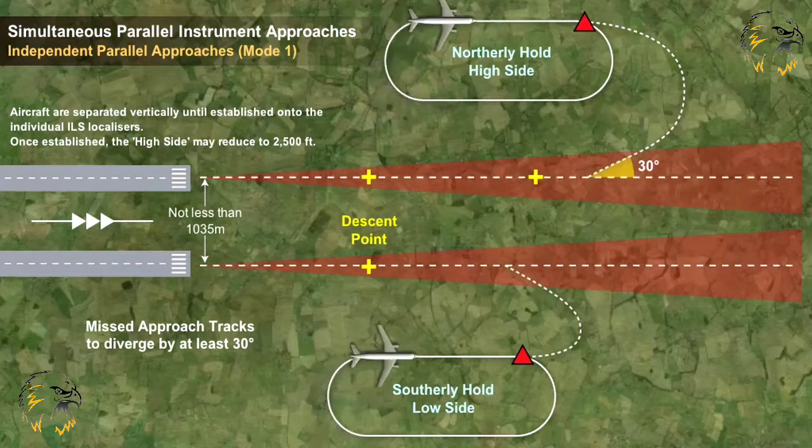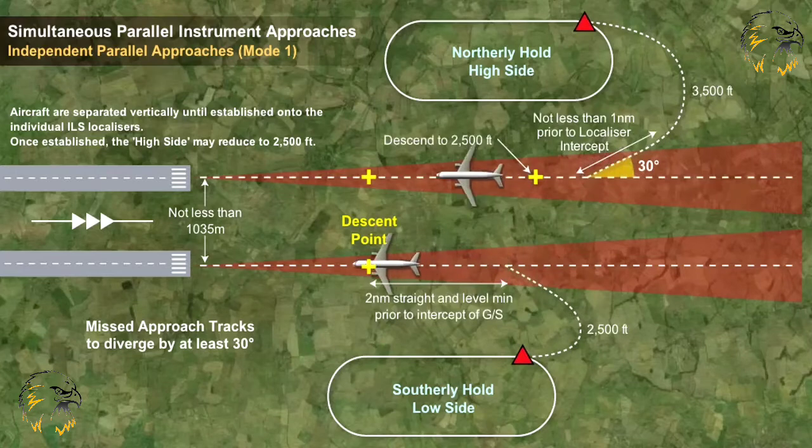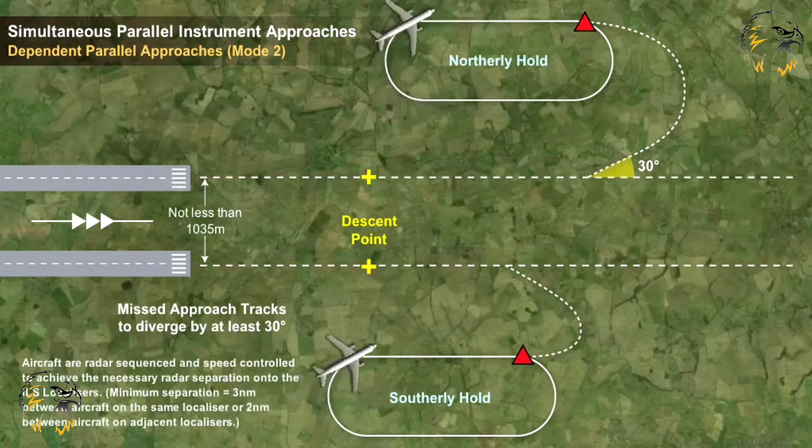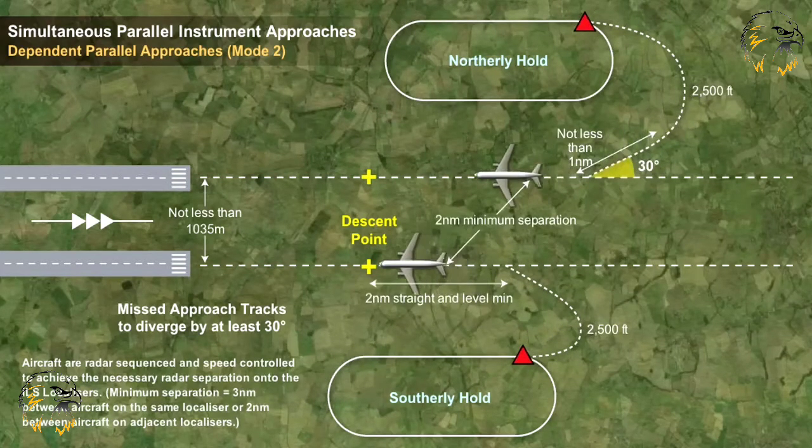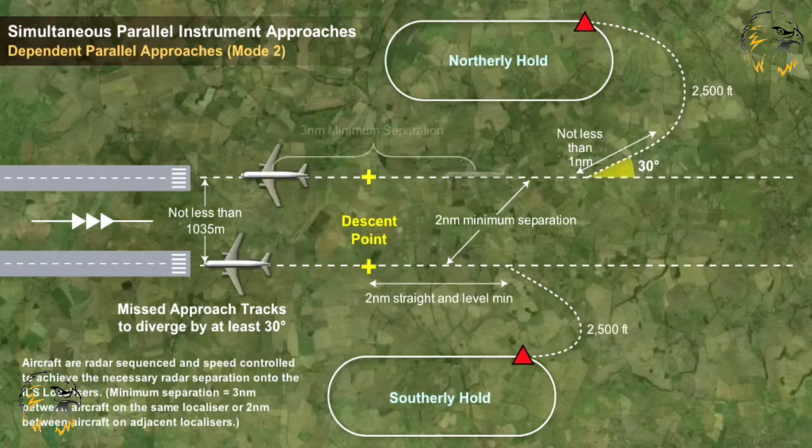Mode 1 is when independent parallel approaches are made, where the radar separation minima between two aircraft using adjacent ILS and/or MLS is not applied, and Mode 2 is when dependent parallel approaches are made to parallel runways, where radar separation minima between aircraft using adjacent ILS and/or MLS systems are applied.